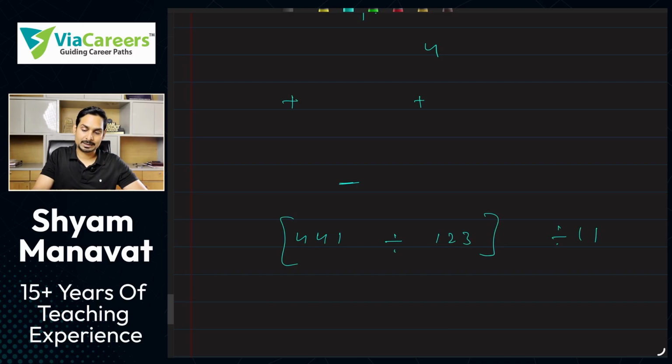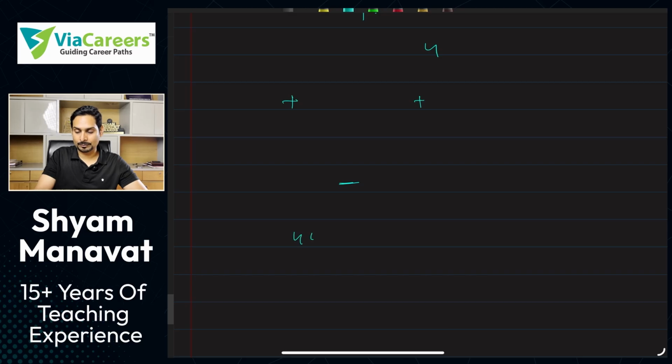No, it does not work in this case. Subtraction you can do, like if I take the same example here, 441 minus 123, and if that has to be divided by 11 to find the remainder, it can work here.